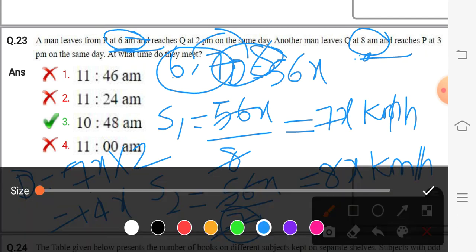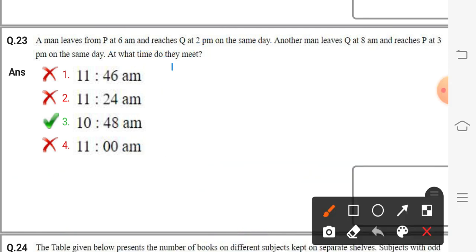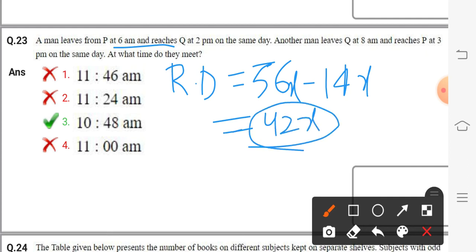Remaining distance. Total distance is, first person already travelled 2 hours before. So he completed 14x. His value is 42x. In this 42x, where they meet, that is the point. So total time, how much time they travel before meeting.